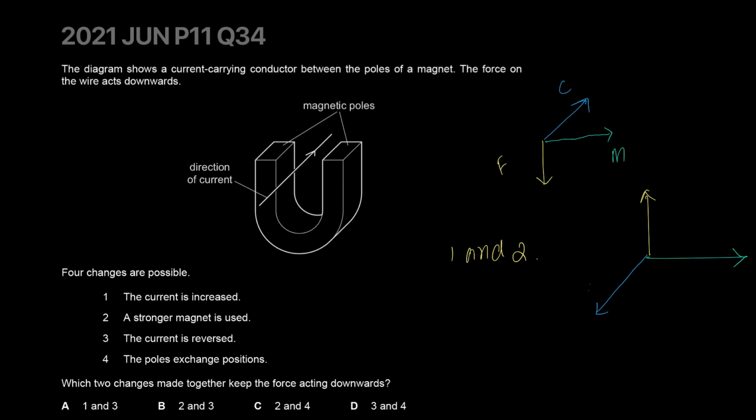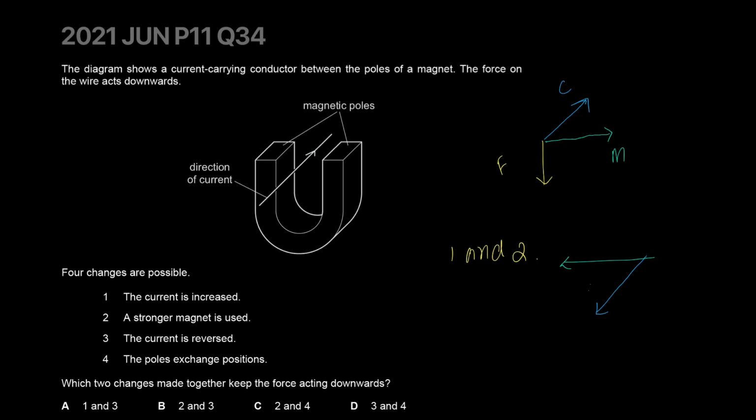But if you also change the poles at the same time, so over here, if I change the poles, something's going to happen to the force. I'm removing that as well. So if you change the poles now, reverse the direction of the poles, which way is the force now going to act? It's like a double negative, right?